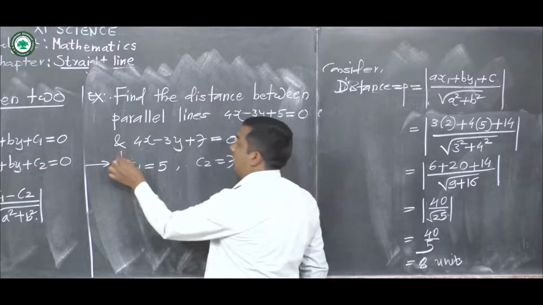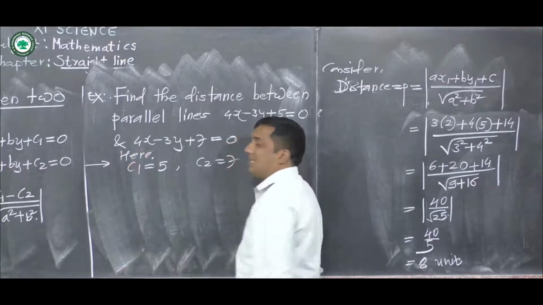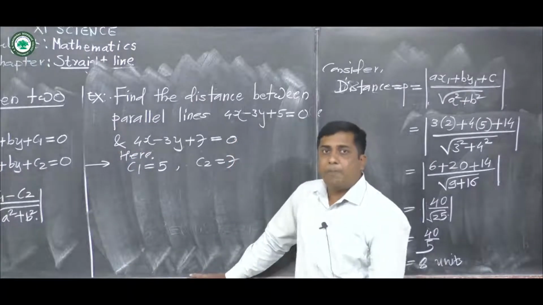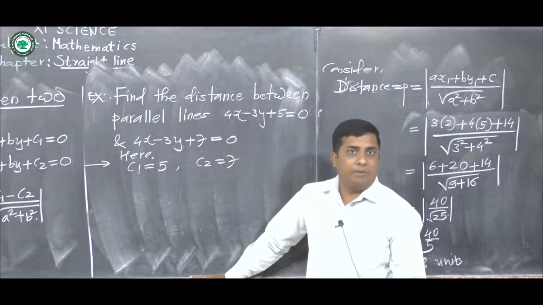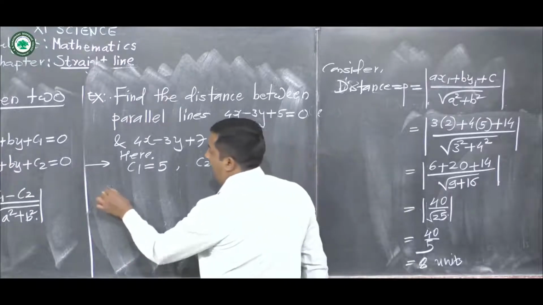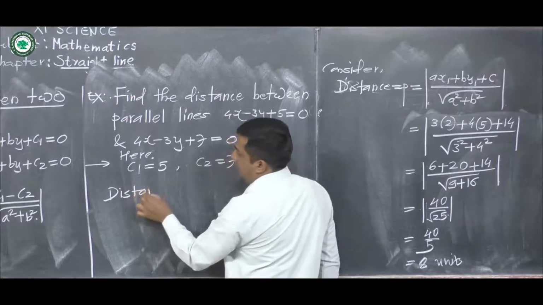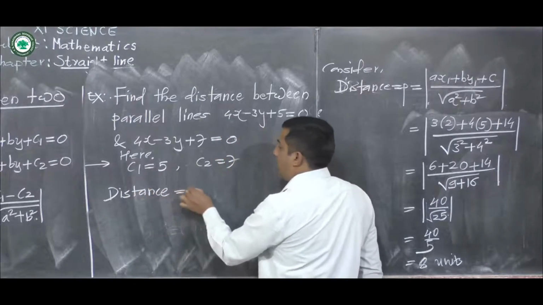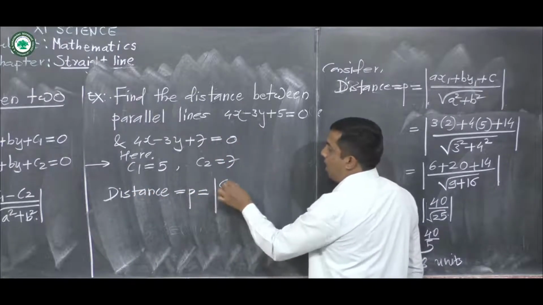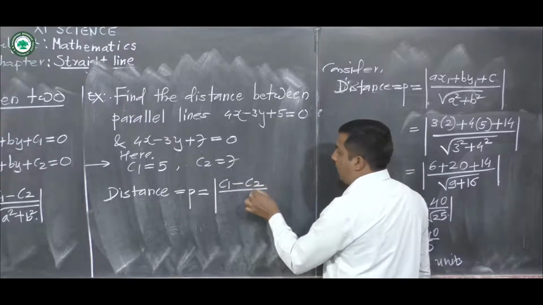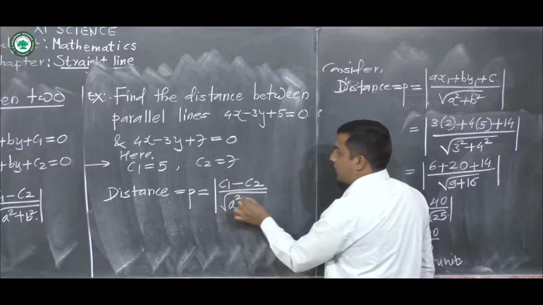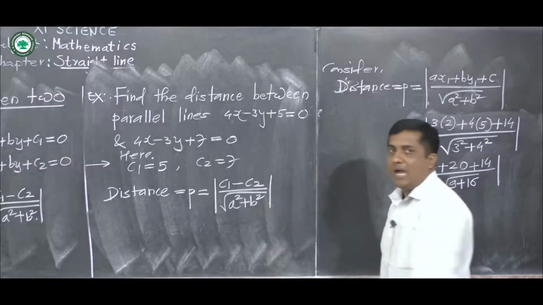So we know c1 and we know c2. To find the distance in between parallel lines, we have a formula. Firstly, I write distance P is equal to, inside the mod, c1 minus c2 upon square root of a square plus b square.